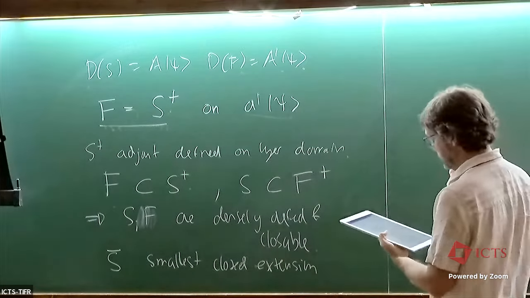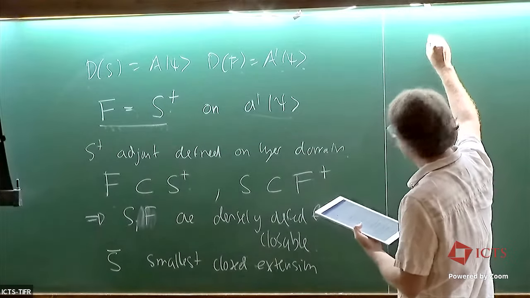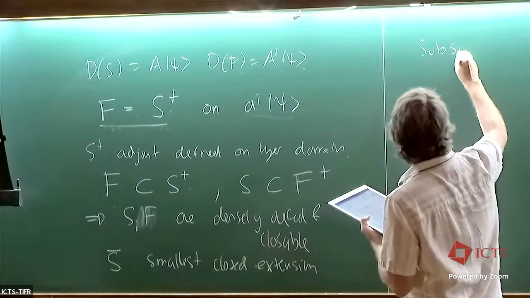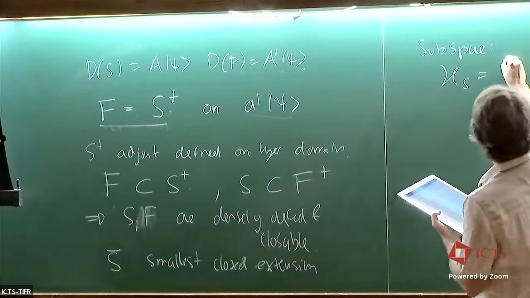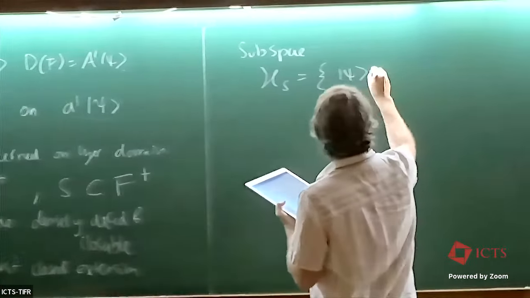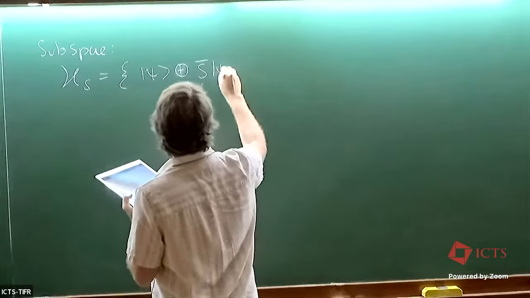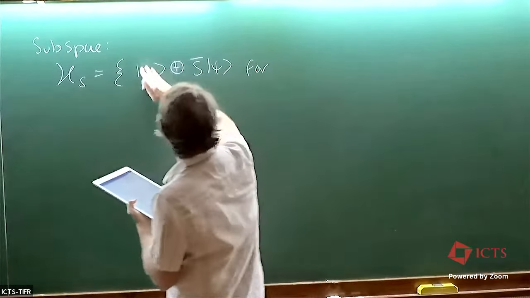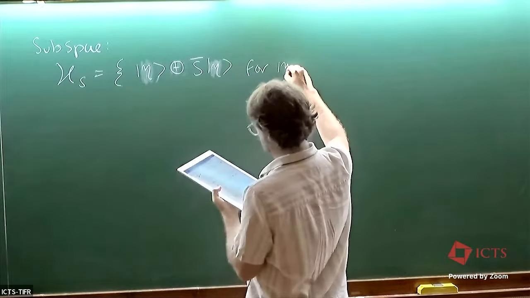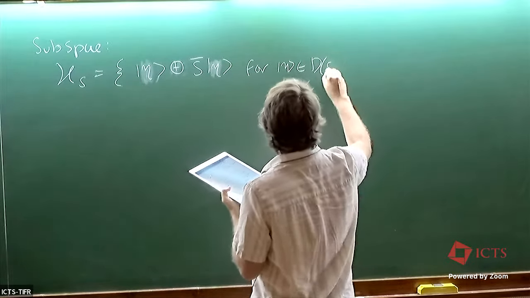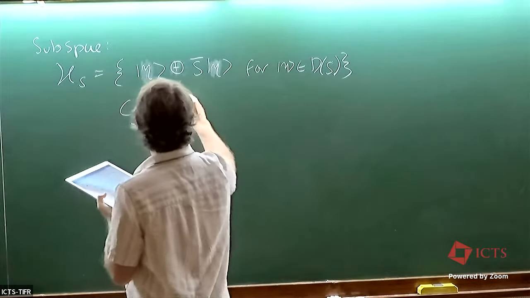S is closed if the following subspace, H_S, which is just given by the following, for all, sorry, this is either in the domain of S. So this is some subspace of this Hilbert space.